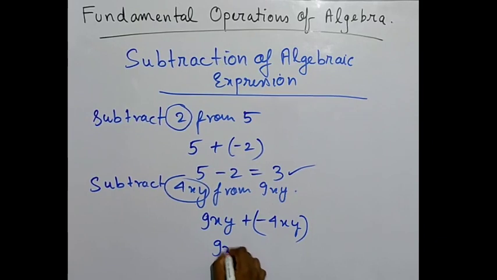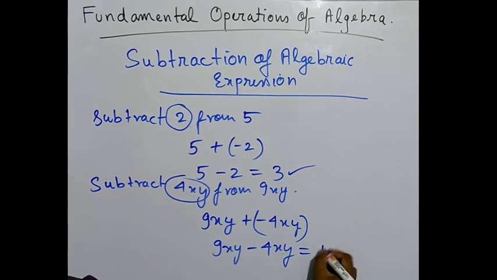That will be 9xy minus 4xy. This is the absolute value of 9xy, this is the absolute value of 4xy, and you will get the difference between them, that is 5xy.